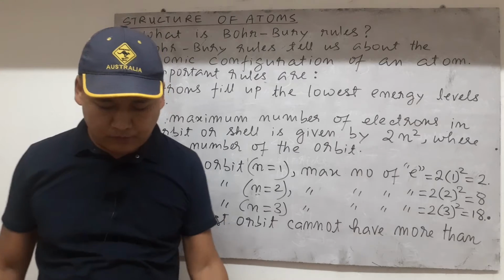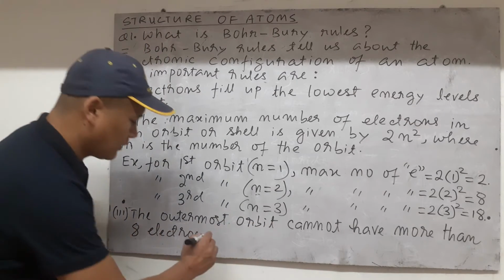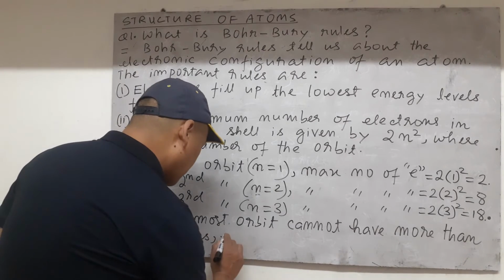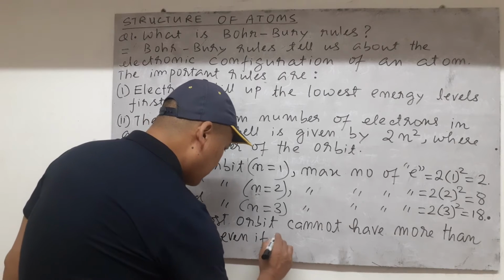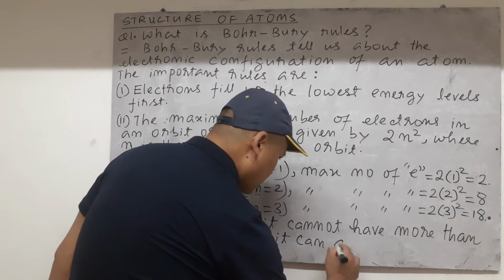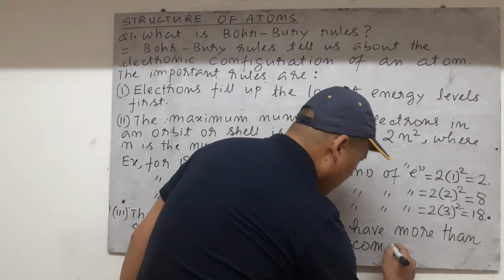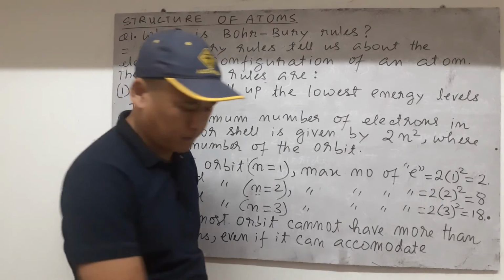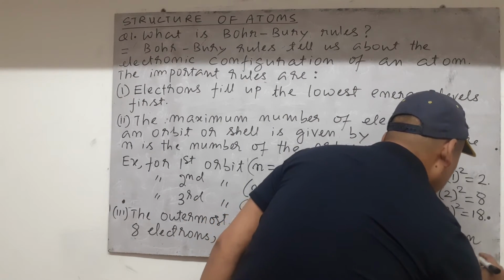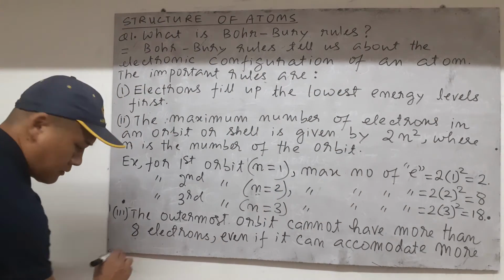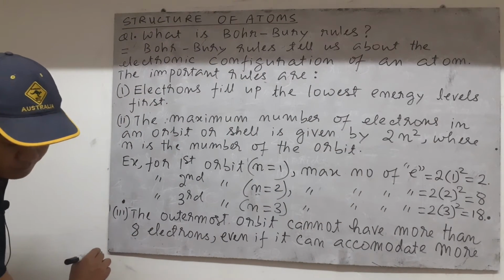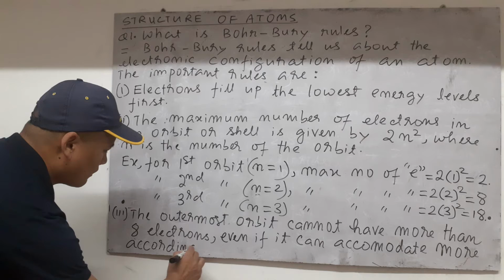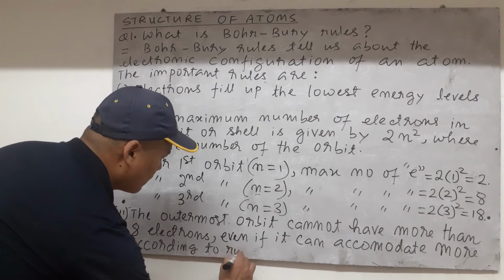That's what it means. But this is important. This is where many people get confused, so listen carefully. The next point: even if it can accommodate more than 8 according to rule 2.